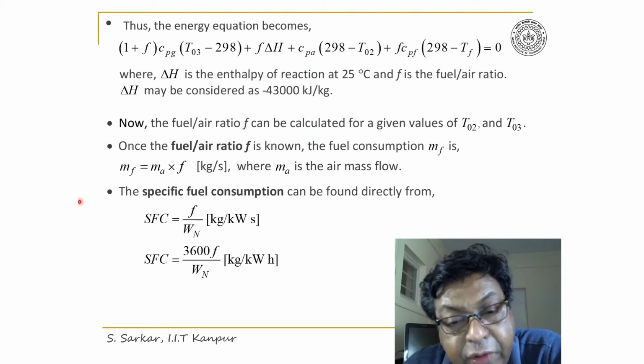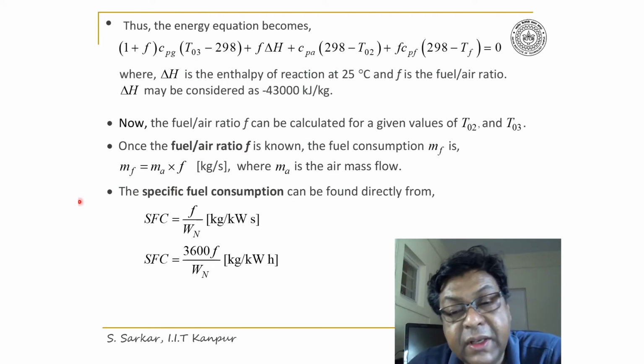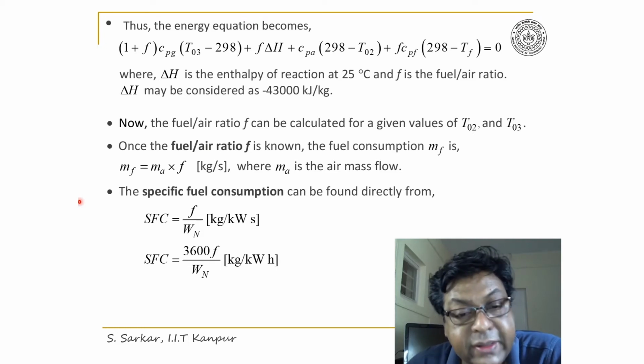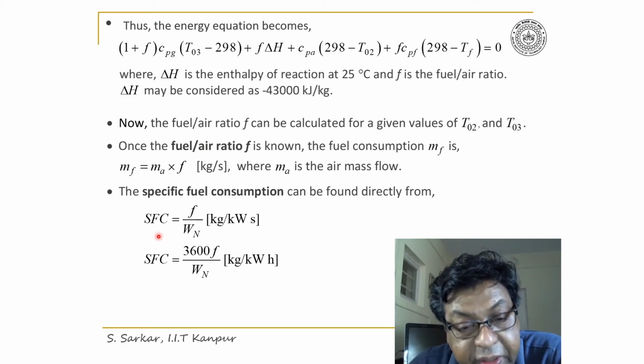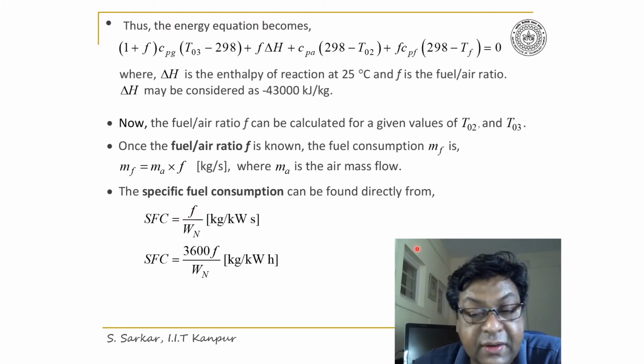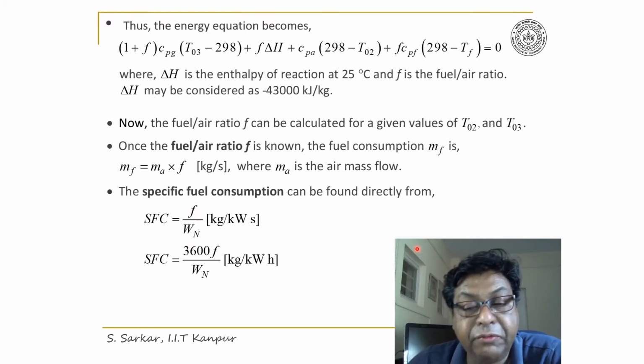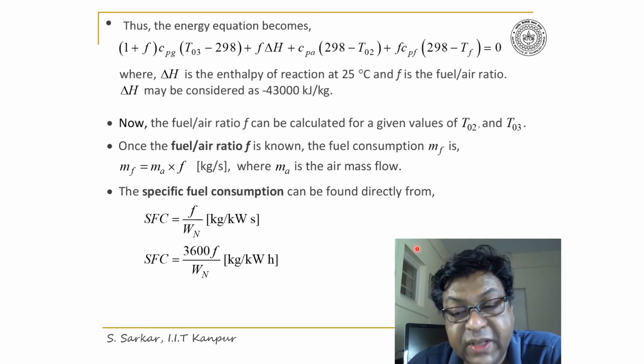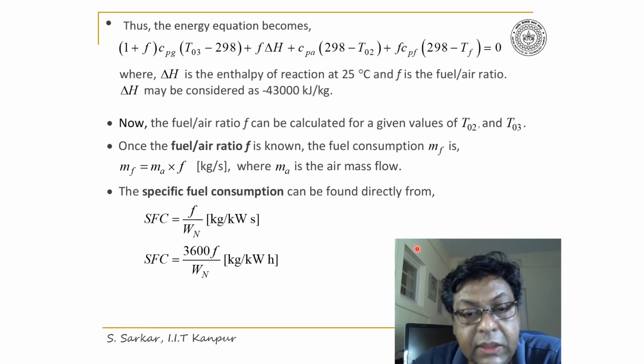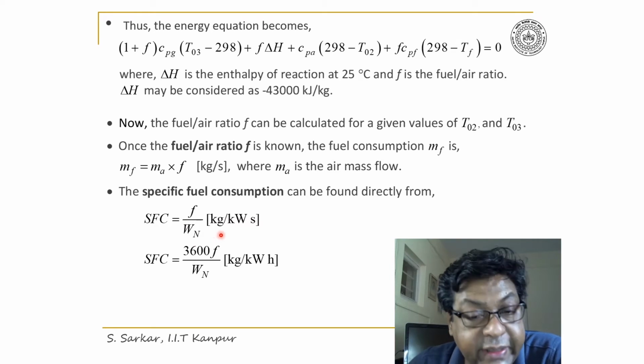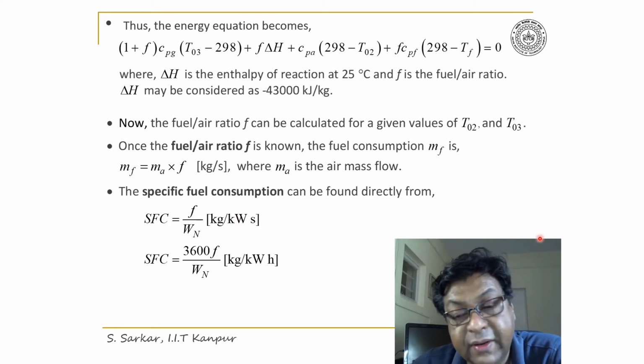Thus, the specific fuel consumption can be evaluated as SFC equal to F divided by Wn, where Wn is the specific power output of the cycle. Thus, the unit would be kg per kilowatt second.